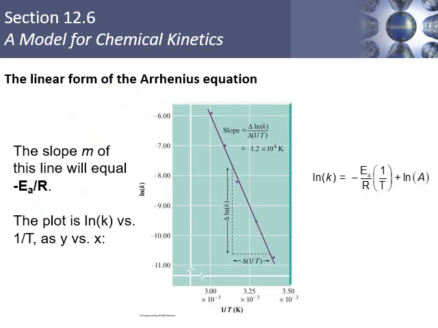Okay, before we do that, let's talk about this for a second. Here is the way we rewrote the Arrhenius equation in logarithmic form. Know here that the y is going to be the logarithm of k. So over here, they've graphed the logarithm of k on the y-axis, and the x-axis is not T, it's 1 over T. We saw something very similar to this with Clausius-Clapeyron, in chapter 11 of 1311.